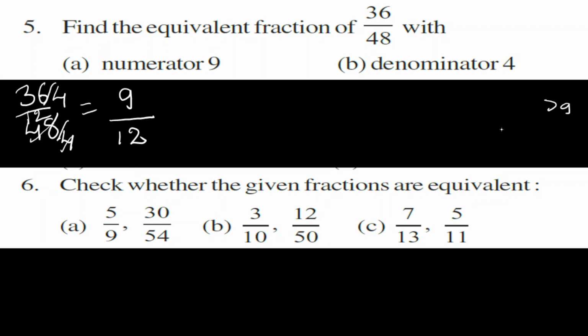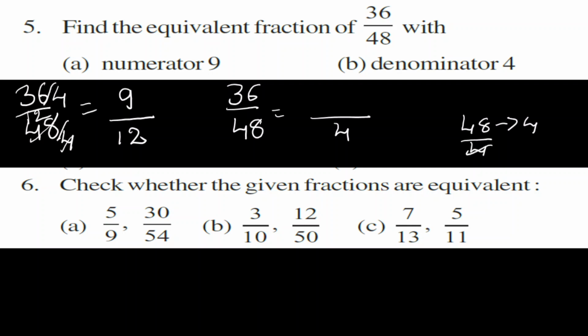And coming to the next one, we need to find the equivalent fraction of 36 by 48 whose denominator is 4. Here the 48 becomes 4. So you know that 48 by 4 is nothing but 12.